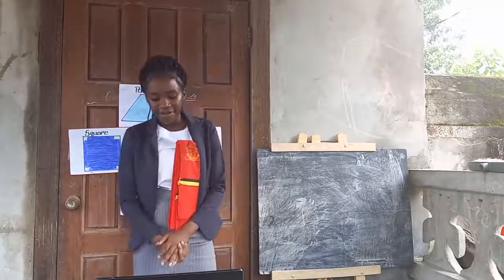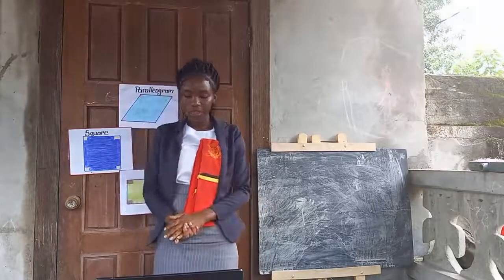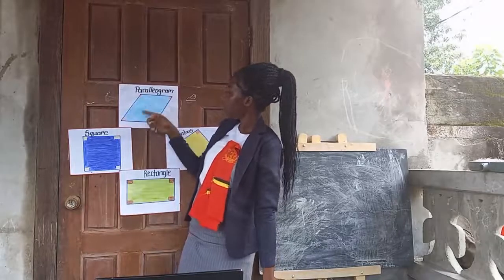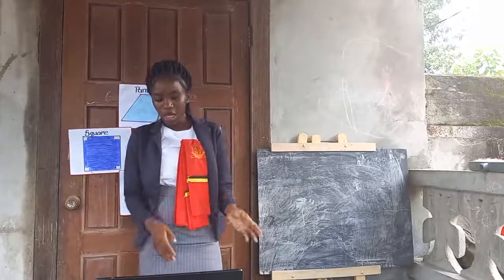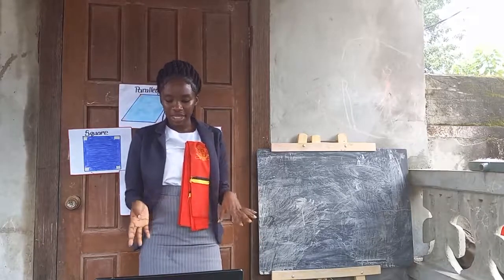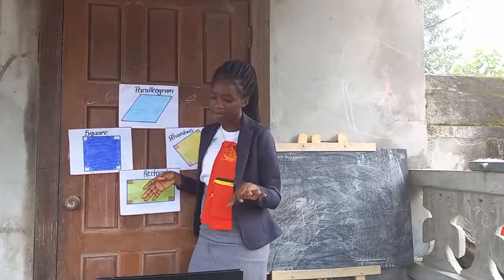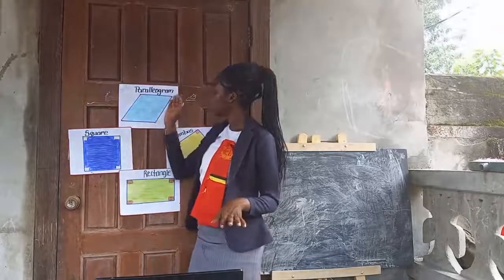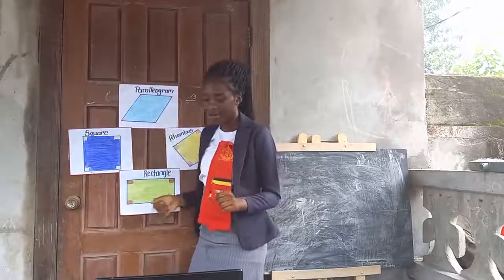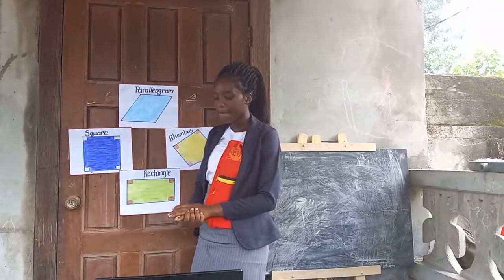So a parallelogram is a simple quadrilateral with 2 pairs of parallel sides. 1, 2, 1, 2. The opposite or facing sides of the parallelogram are equal in length, and the opposite angles in the parallelogram are equal, right?